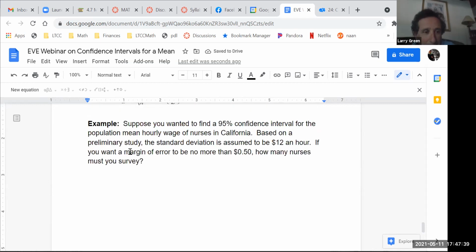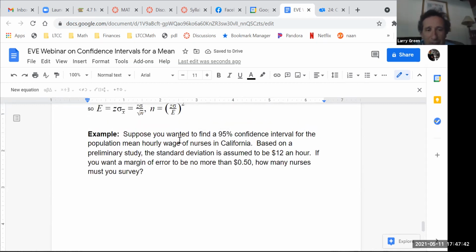So here's an example. Suppose you want to find a 95% confidence interval for the population mean, the mean hourly wage of nurses in California. Based on the preliminary study, which means I looked at Google, the standard deviation is assumed to be $12 an hour.